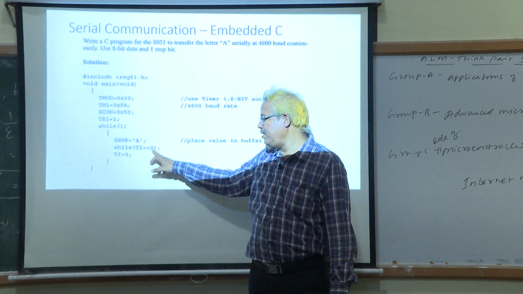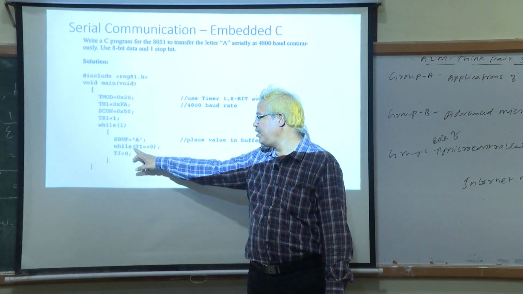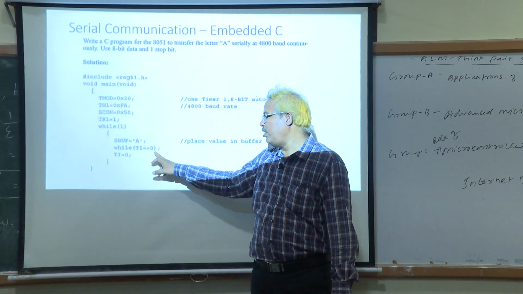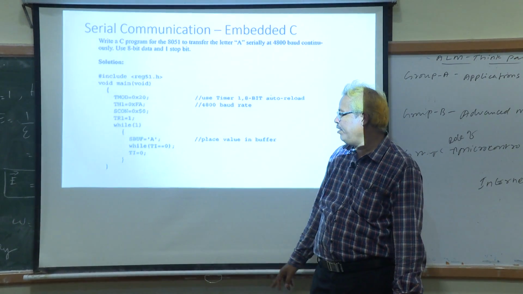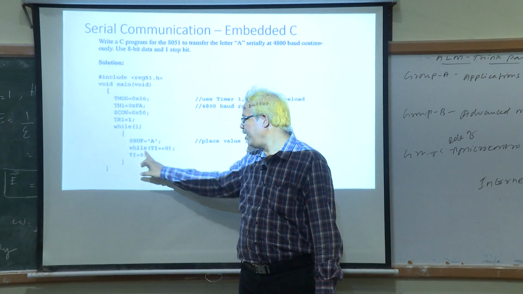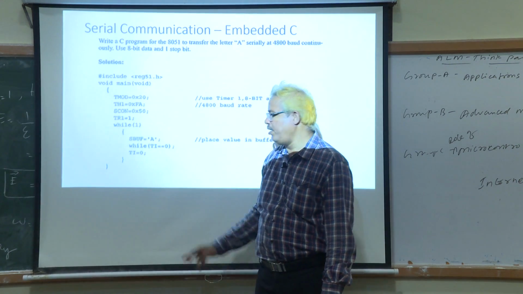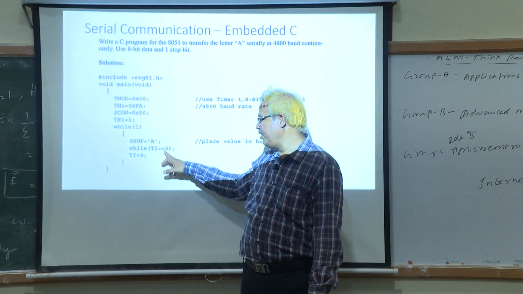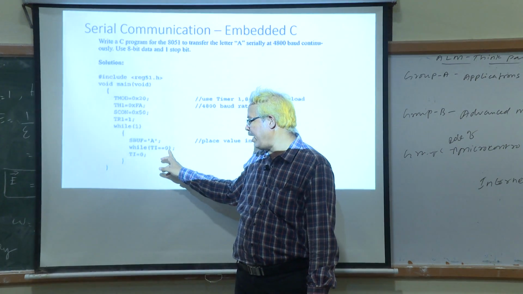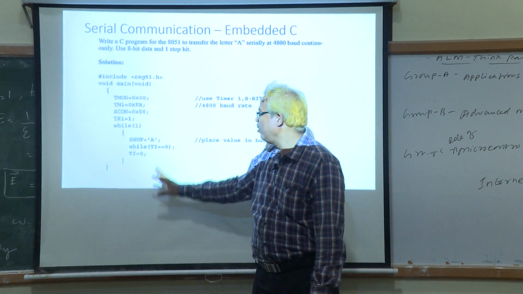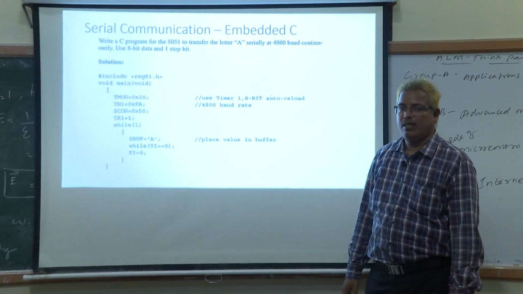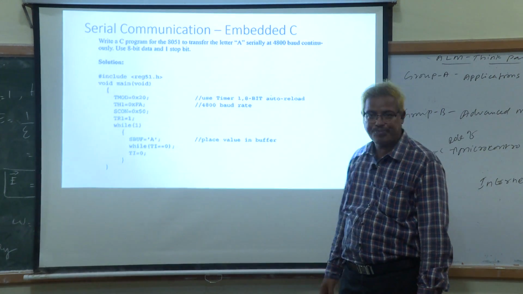So while TI is equal to 0, that is, if TI is 0, this loop will keep checking the transmit interrupt flag. If it is 0, then this loop will be executed. If this becomes 1, then make TI 0 again. Okay, the letter is transmitted.